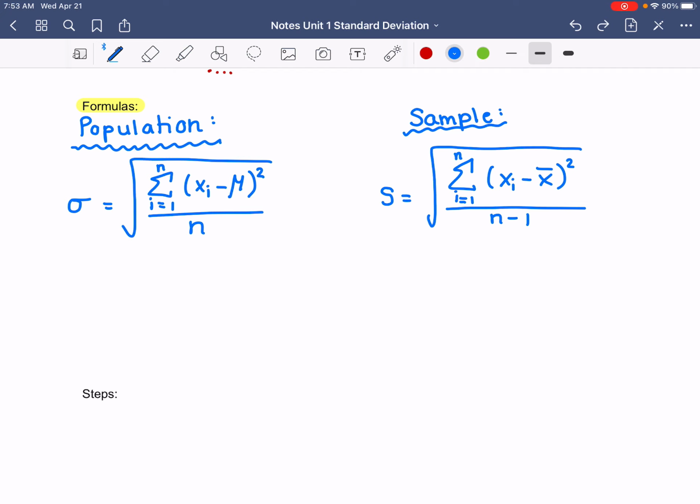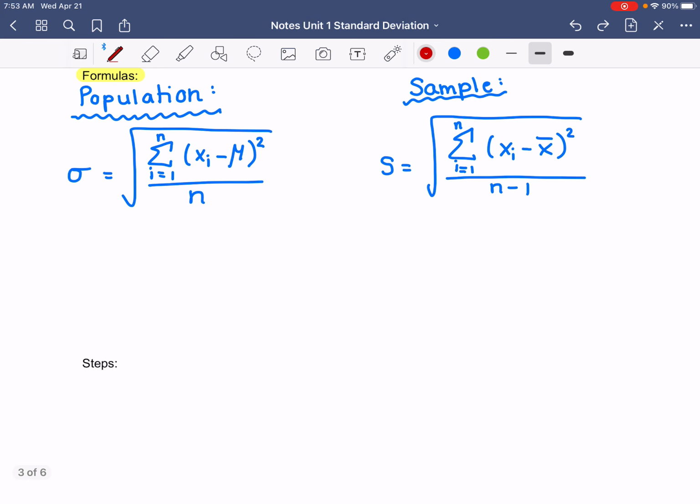So I'm going to write down a little key of what all of those little pieces mean, and then we're going to write down some steps. So our key: this little Greek letter just means standard deviation. It's the Greek letter lowercase sigma. This is the capital Greek letter sigma.